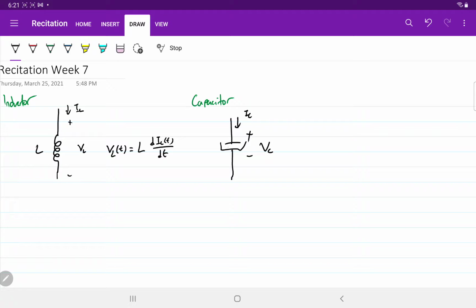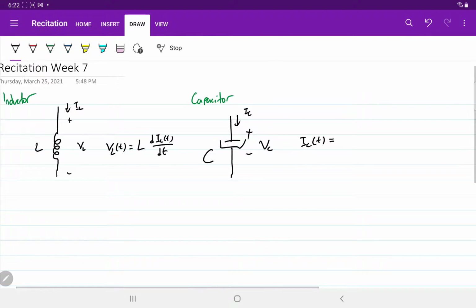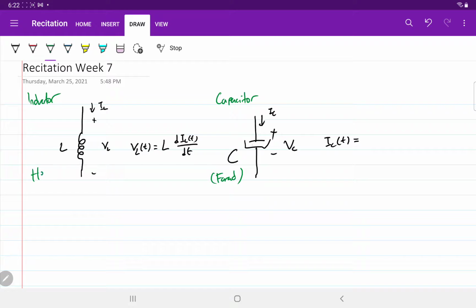In a capacitor it is the voltage that cannot change instantaneously. The current going through the capacitor is equal to the capacitance C, whose unit is farad, while the unit for the inductor is Henry.